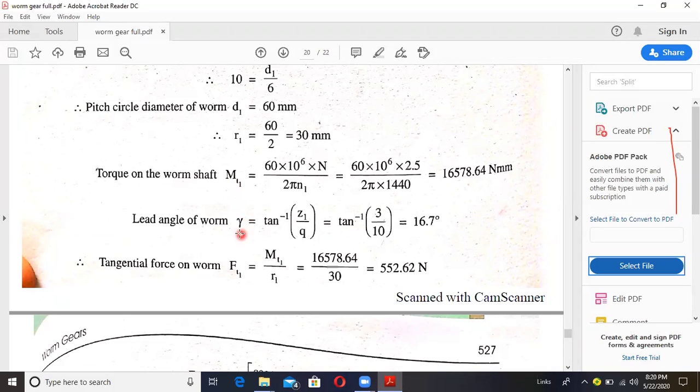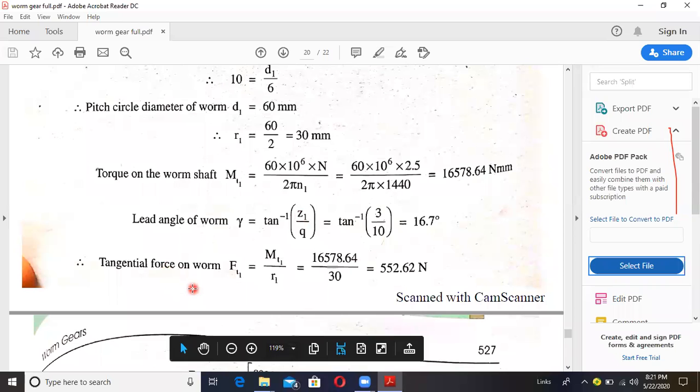And calculate gamma, the lead angle, tan inverse of Z1 by q, we will get gamma. These are the three basic things we require: the pitch circle diameter of the worm, the torque on the worm shaft, and gamma. Once you have calculated these, we can calculate the forces.